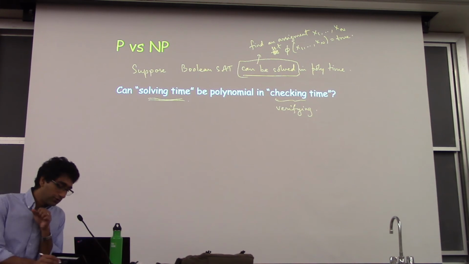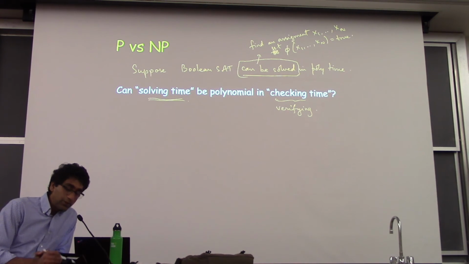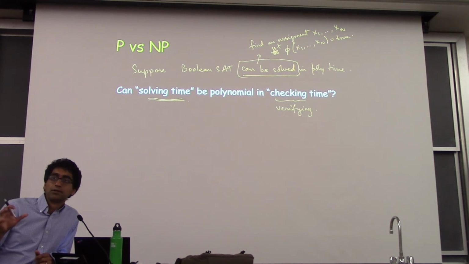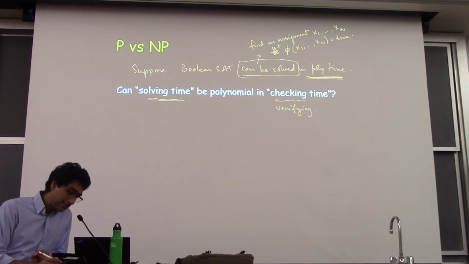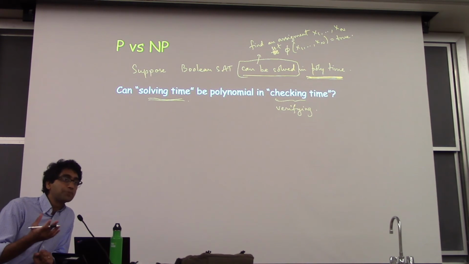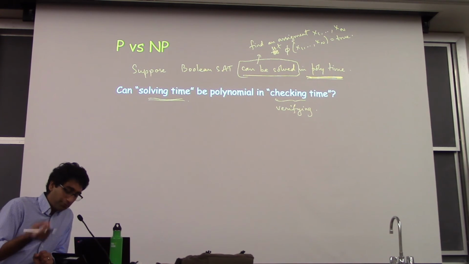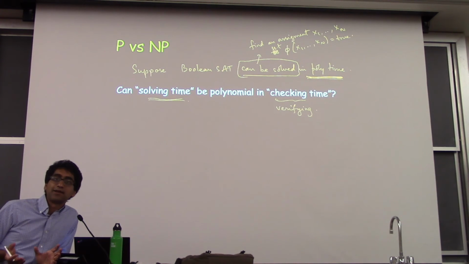So we are saying that you can quickly find an assignment. And if you can do that quickly, then it's like saying that solving this problem takes time that is not much bigger than just verifying that it's correct.